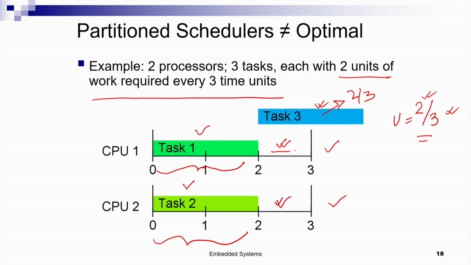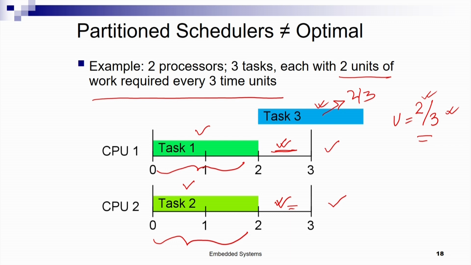So, you have 1 by 3 spare capacity on processor 1 and 1 by 3 spare capacity on processor 2. The total remaining processor capacity though is 2 by 3, but you cannot use this spare capacity to hold task 3, because none of the individual processors have enough capacity to hold this task.